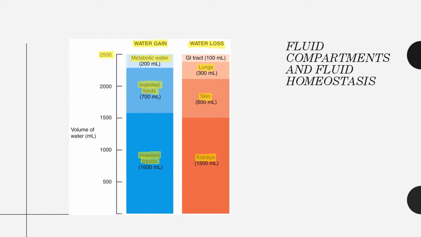The lungs exhale about 300 milliliters as water vapor. And then the gastrointestinal tract is going to eliminate about 100 mils in feces. The amount of water lost by a given route between these 4 routes is going to vary considerably over time, though.